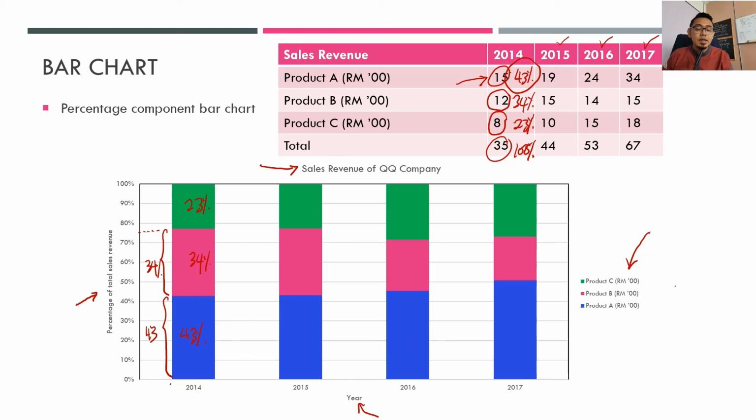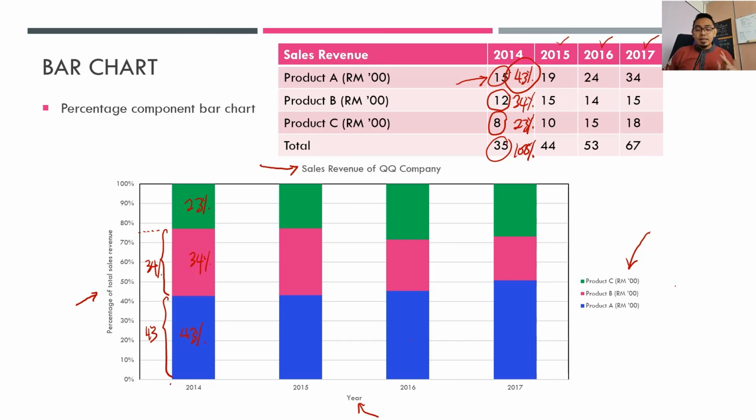All right, so basically we have the frequency distribution, and then we have the contingency table, and then we also have the pie chart, and the last one will be the bar chart. For the bar chart, we have four types. We have the simple bar chart, we have the multiple bar chart, and then we have the component bar chart.